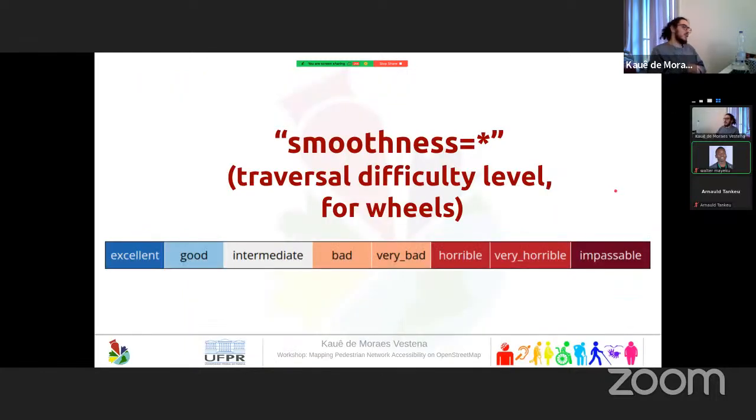Okay, the next one is smoothness, which for some people is a little bit polemic, but it's basically a scale that goes from excellent to very horrible. And we also have the case of impassable, okay? So we have all these values that we may use for it.